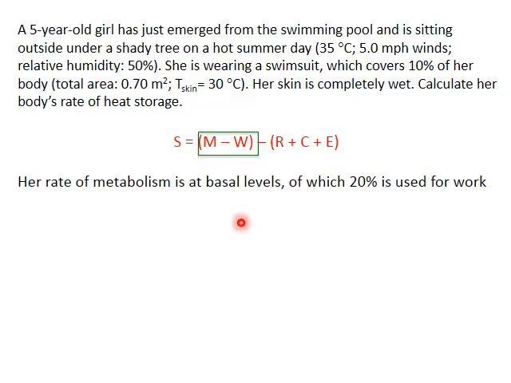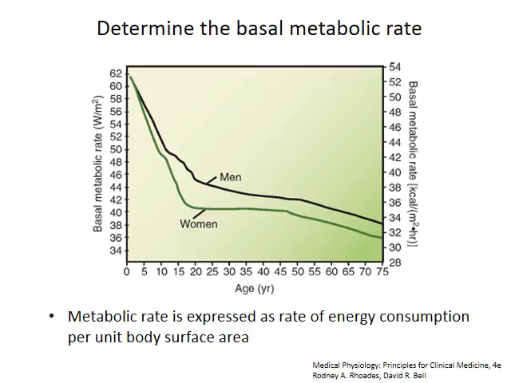The first thing we want to do is solve for metabolic heat production. Again, we are assuming that metabolism is at basal levels and 20% of her metabolism is used for work. We can calculate the girl's basal metabolic rate using this chart. On the x-axis is age, and on the y-axis is basal metabolic rate, expressed in units of watts per meter squared, where meter squared refers to the surface area of the body.